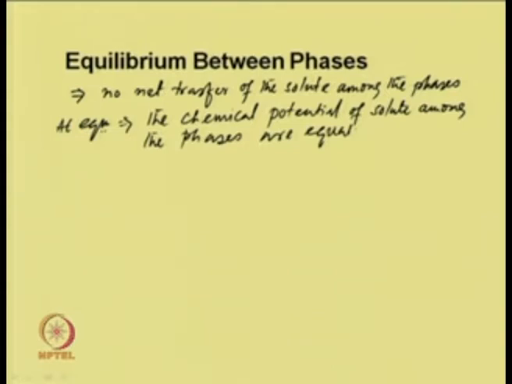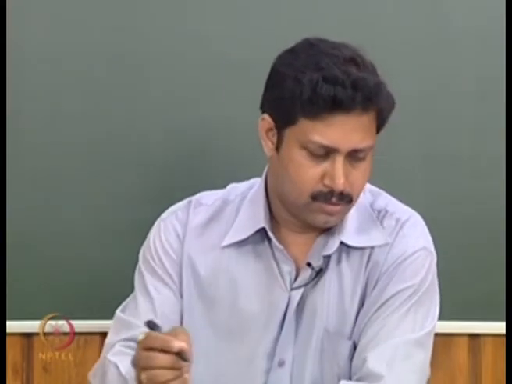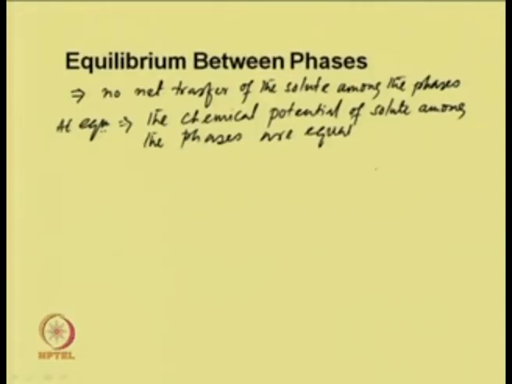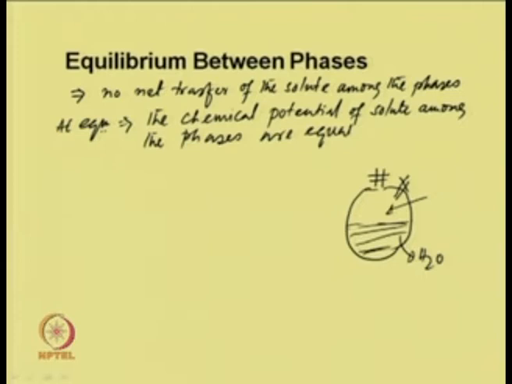Now, let us consider a simple example of how to calculate the equilibrium concentration. Consider a simple tank which is partially filled with water and in which some amount of air and ammonia mixture is introduced.